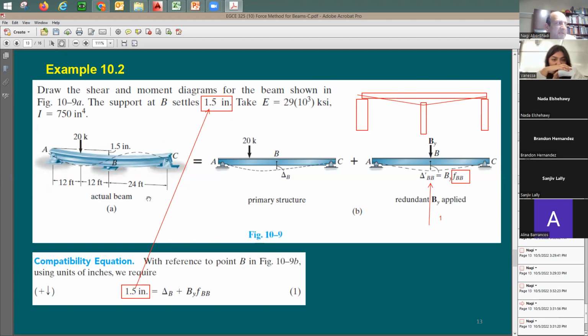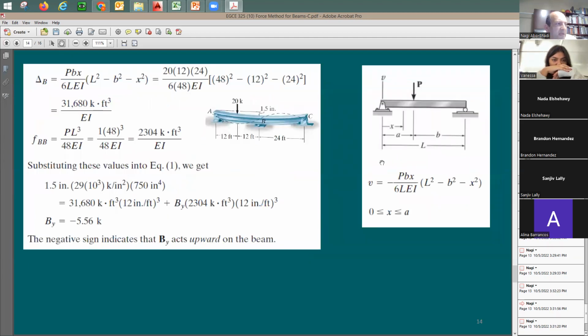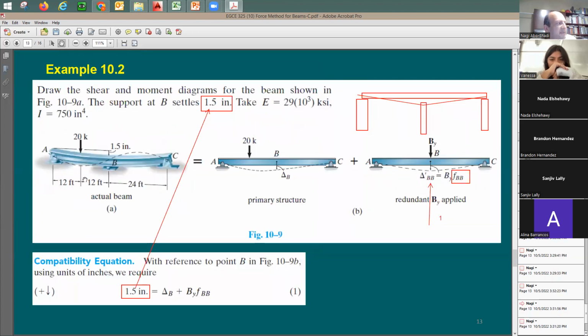The good thing about this type of beams is that they have it pre-solved for me. If you look at this beam, this is going to be from the standard pre-solved beams. I have the point load at point A, not in the middle. Well, this point here is not in the middle. Look at this beam here.